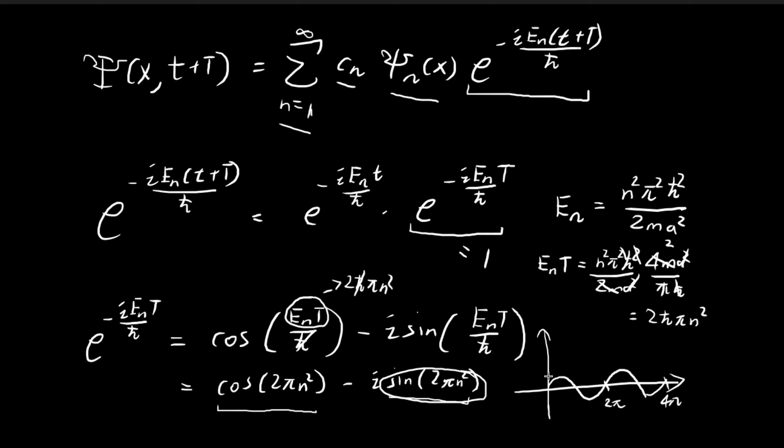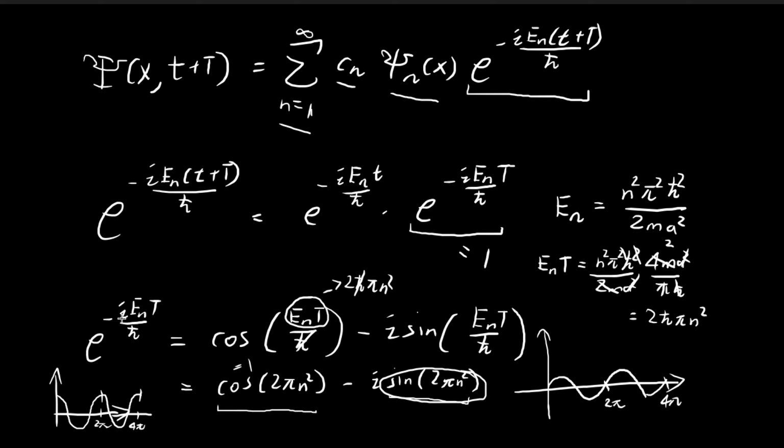For your cosine function, it's going to look something like this. This point here would be 2 pi, and this point here would be 4 pi. And so for all integer multiples of 2 pi, you would get 1 for the cosine function. So this is going to be 0, and this is going to be equal to 1.